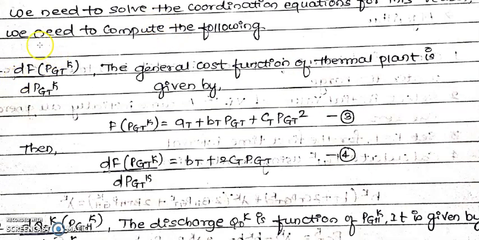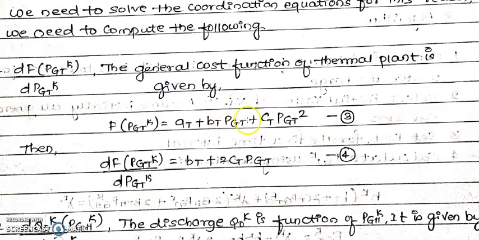So we need to compute the following equations. The differentiation of the function f of pgt raised to k divided by pgt raised to k. Here, this is the general cost function of the thermal power plant, given by f of pgt raised to k is equal to at plus bt into pgt plus ct into pgt square, wherein at, bt and ct are constants with respect to the hydrothermal scheduling process.